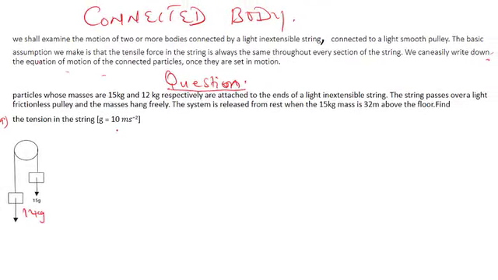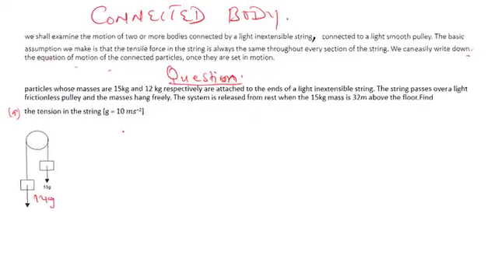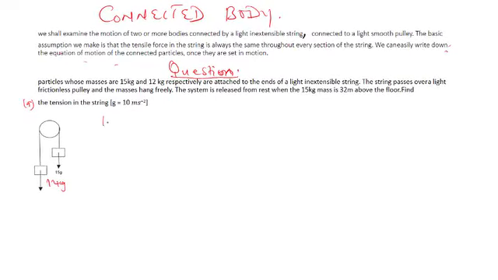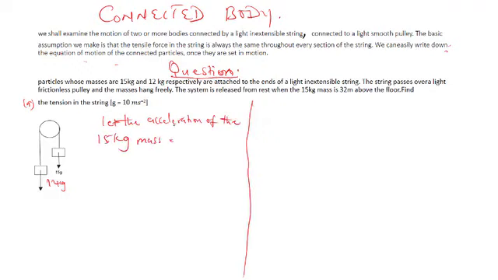Now the first thing we have to do is to get the acceleration of the 15 kilogram mass. So we say let the acceleration of the 15 kilogram mass be a. The net force is 15g minus the tension T, so 15g minus T is equal to 15a.